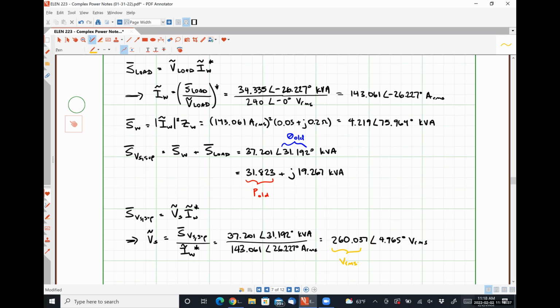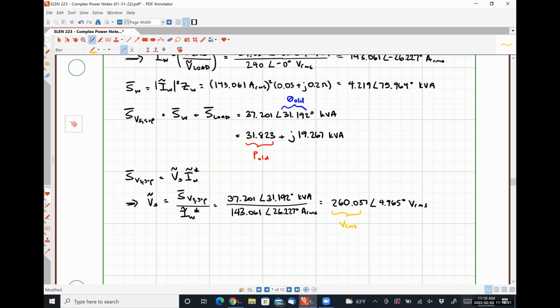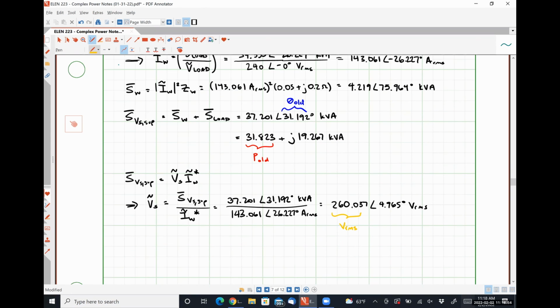So the only thing that we have left to do is figure out what theta nu is. How do we do that? Exactly right. Arc cosine of our new power factor that we're trying to hit. So theta nu will be the inverse cosine of 0.95, since we're aiming to hit a lagging power factor still, right?